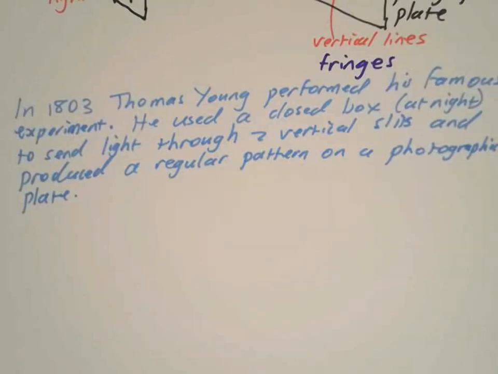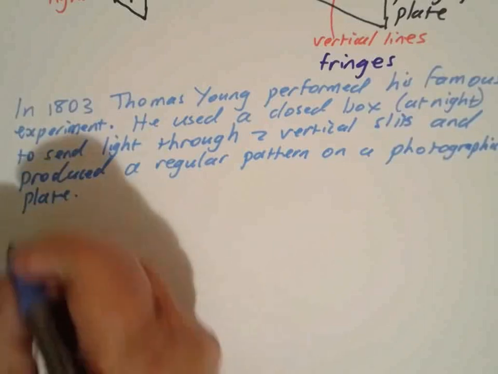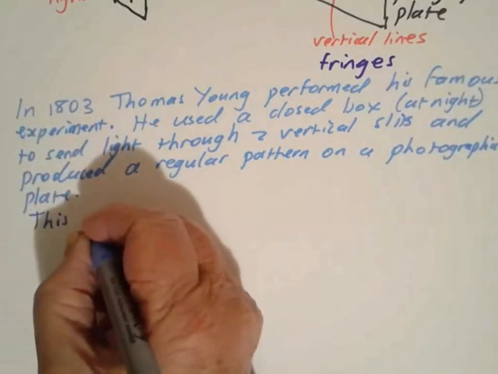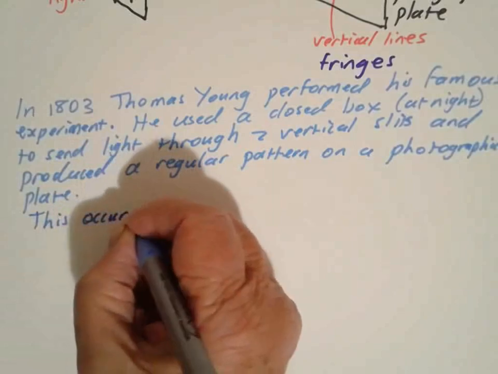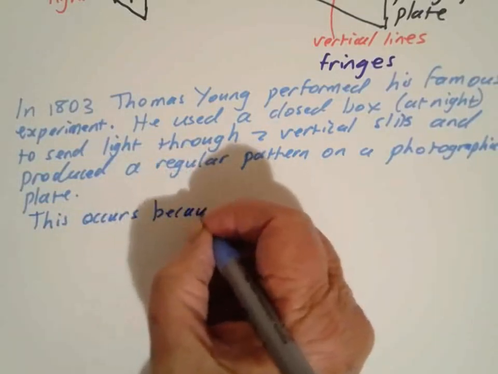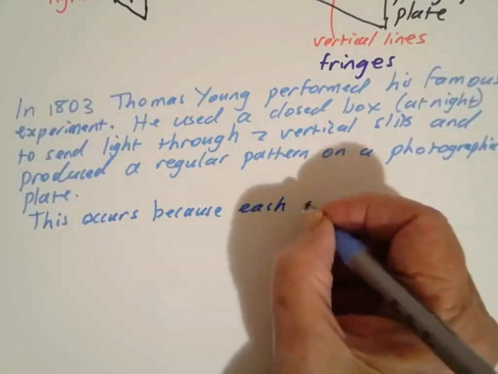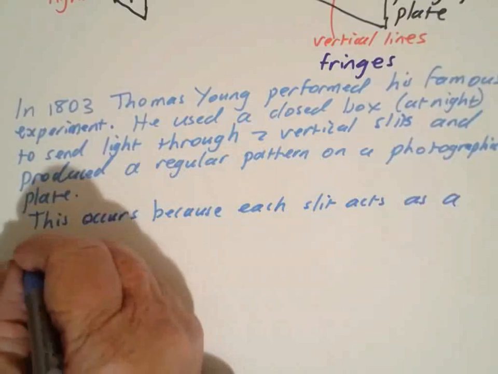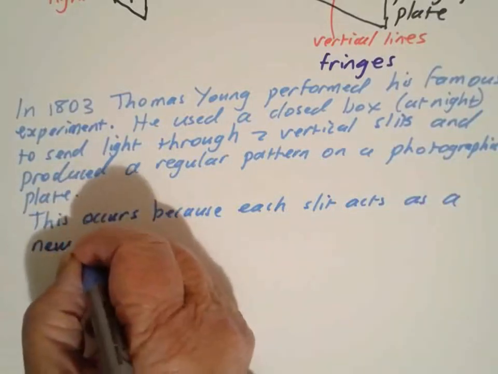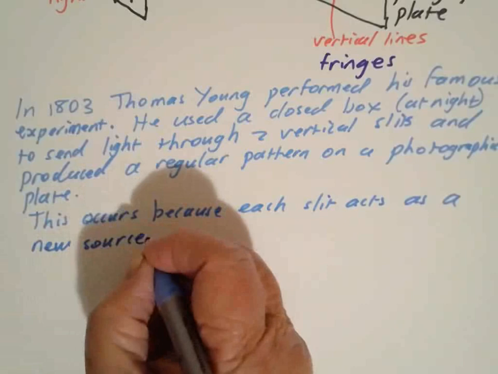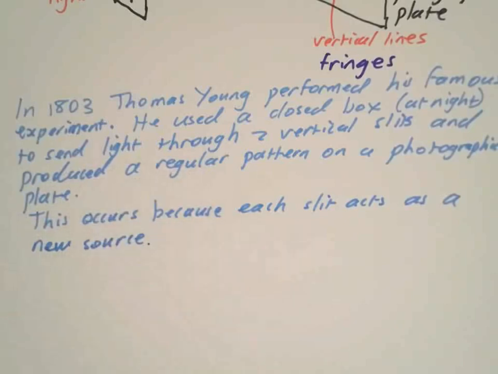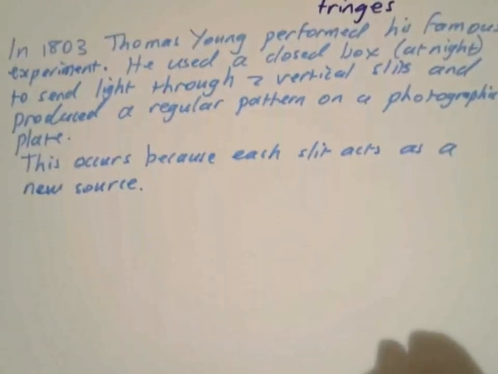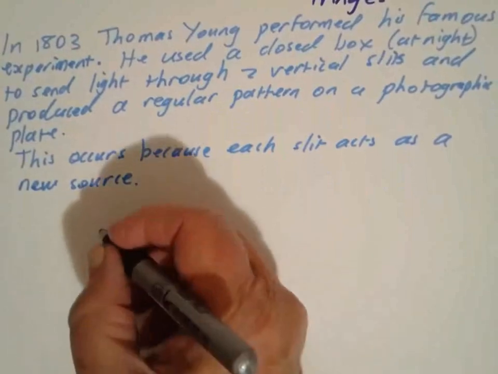This occurred because each slit acts as a new source. Huygens' principle, that is. Okay, an attempt to draw that, because I'm doing this one live instead of preloading the diagram. Here's hoping.